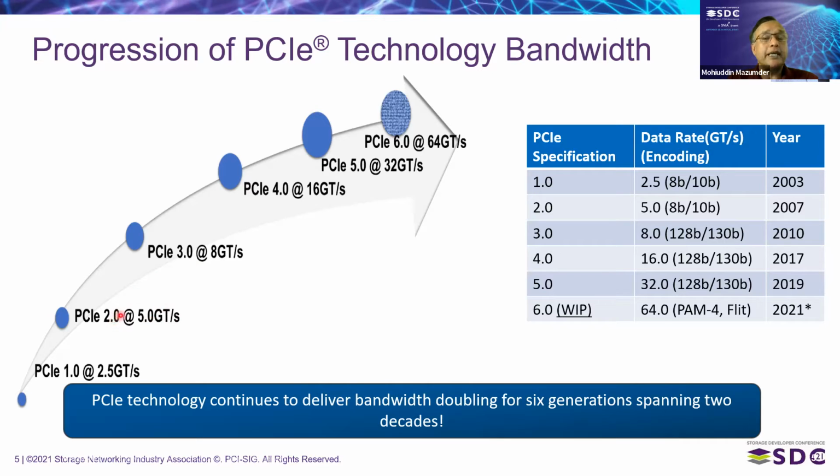As we moved from PCIe 2.2 to 3.0, it was considered extremely risky at that time of the technology, which needs to be low cost, needs to be high volume. And we did not go to twice the bandwidth. We went to 8 gigatransfer per second. But we changed the encoding from 8-bit, 10-bit to 128-bit, 130-bit.